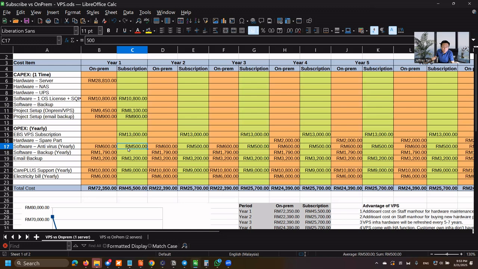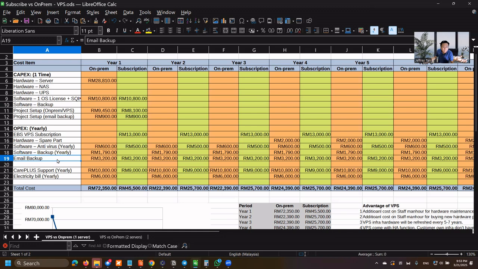But for the cloud server subscription, you pay slightly less, because usually if you have a host of the virtualization, you need one more machine, so there will be one more extra license. And this is the backup system. Also, you need to pay the yearly software subscription and also the email backup subscription.